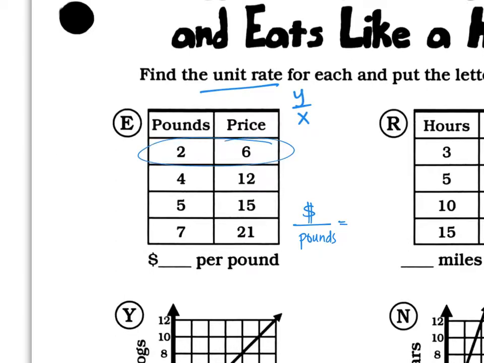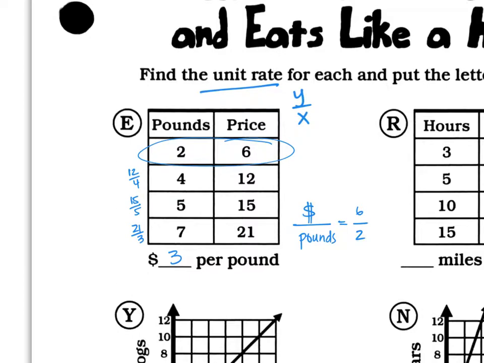The dollars is 6, and the pounds is 2. So 6 divided by 2 would be 3. So it's $3 for 1 pound. And if you divided 12 divided by 4 or 15 divided by 5, you should be getting the same thing. This is assuming all of these are proportional. You're finding the unit rate.